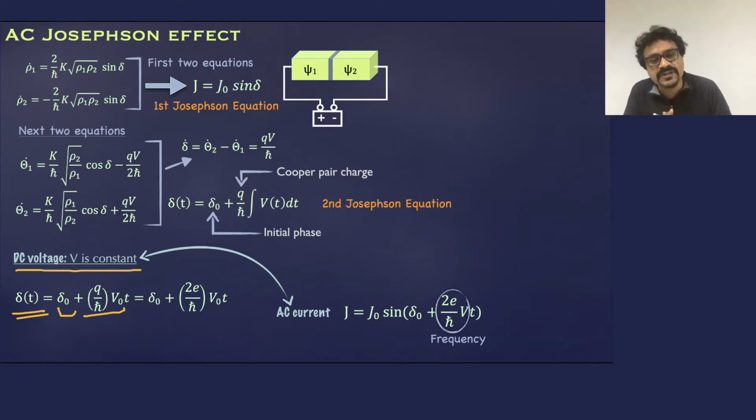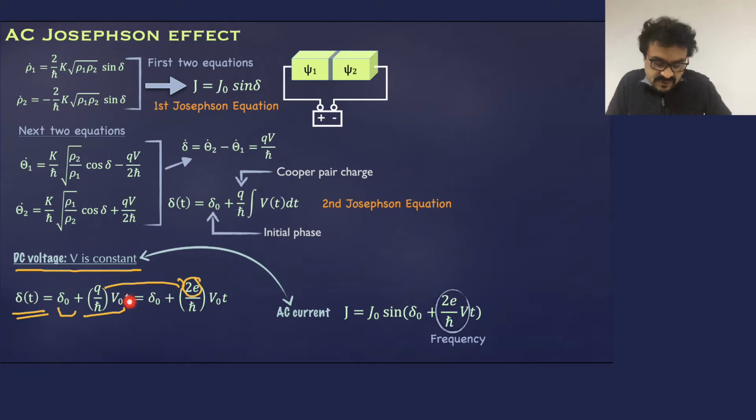We can write this in terms of the Cooper pair charge, where q is 2e, so 2e by ħ V0 times t, where V0 is the applied constant voltage and t is time. So δ is a linear function of time when you have voltage applied, but the current is a function of the phase difference.